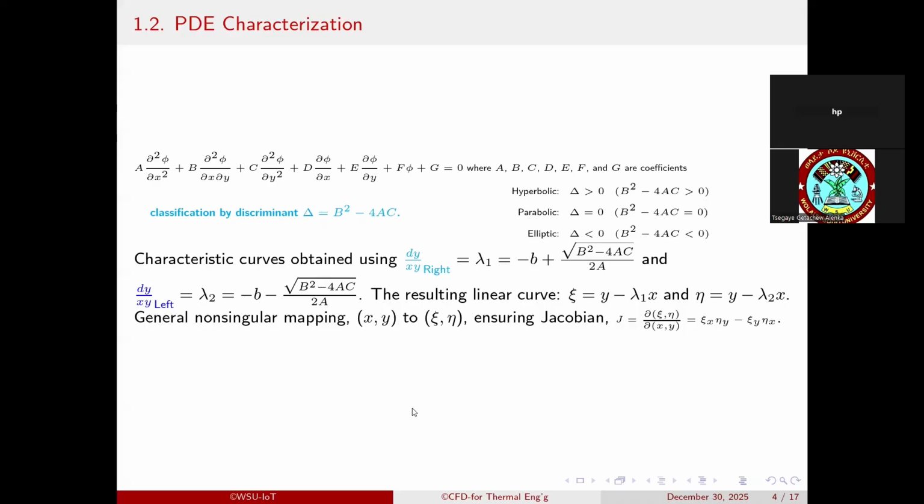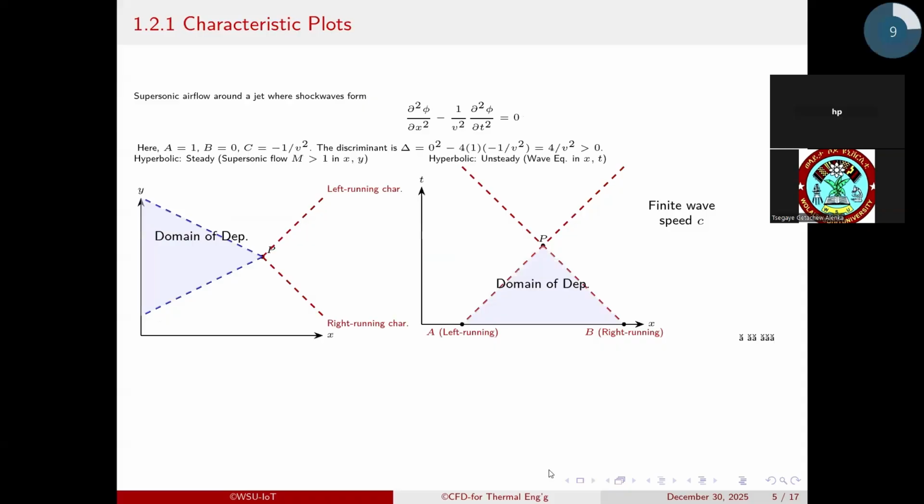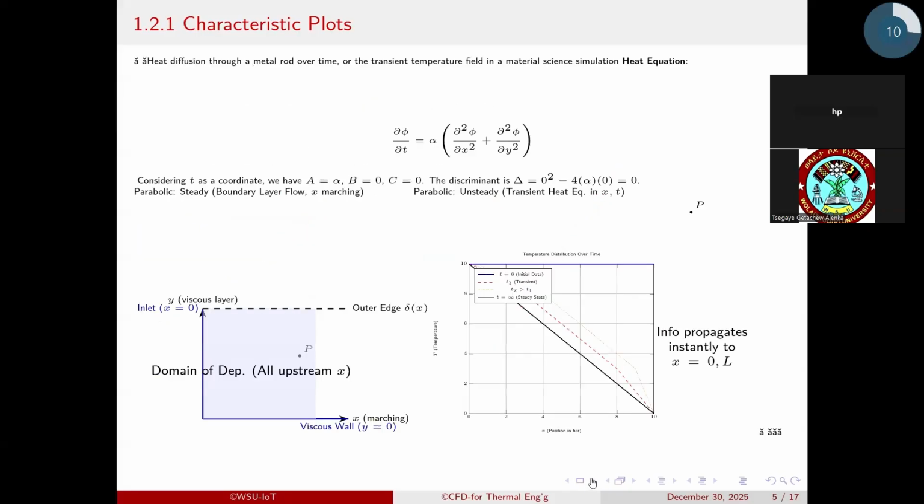The first is the wave equation: A equals 1, B equals 0, C equals -1 over V squared. The discriminant, delta, is 0 squared minus 4 times 1 times 1 over V squared, that is 4 over V squared, greater than 0.